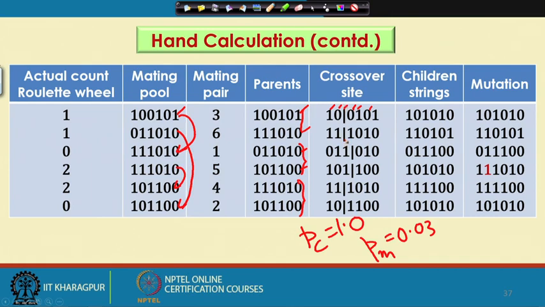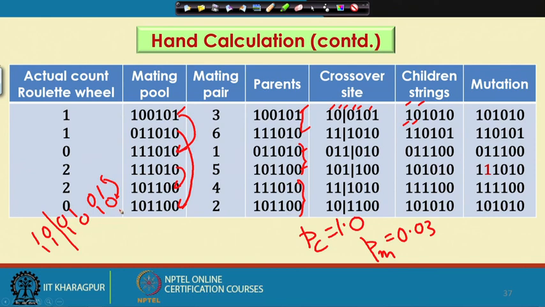Now, if this is the crossover site, the parents are 10 0101 and 11 1010. On the left hand side there will be no change, so in the children's solution I will get 1011 and 1011 on the left, and on the right hand side there will be swapping.